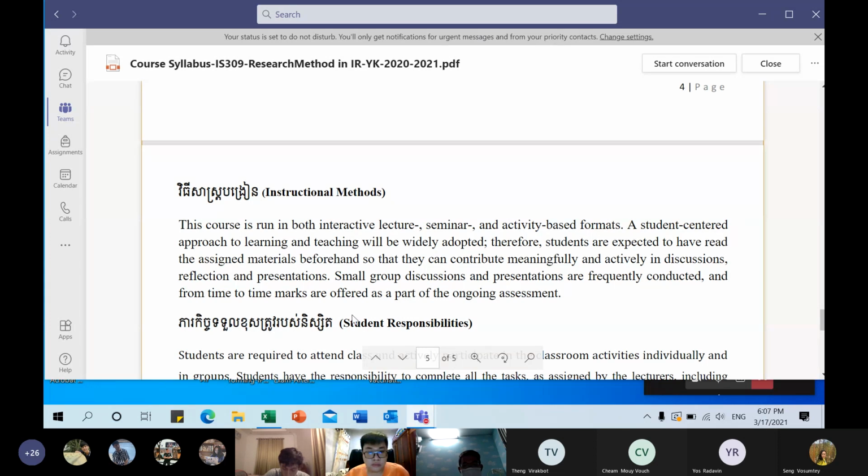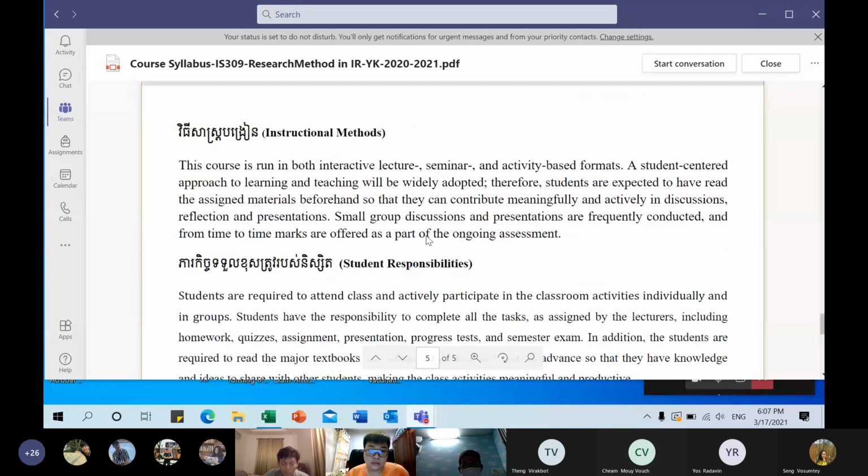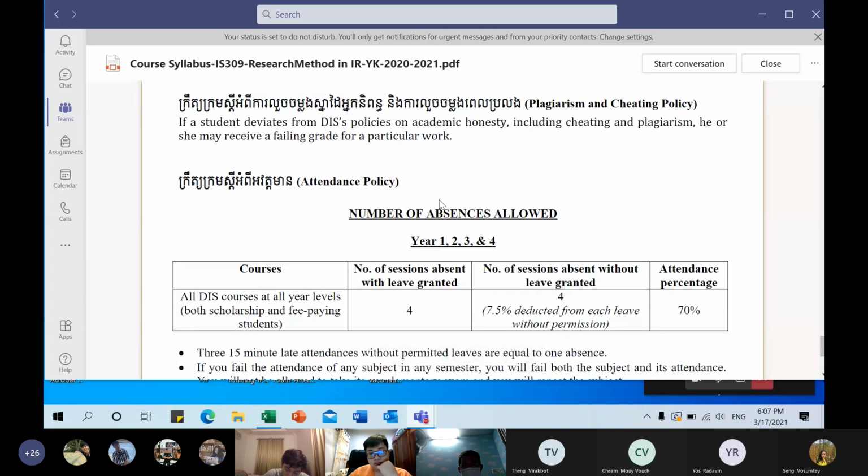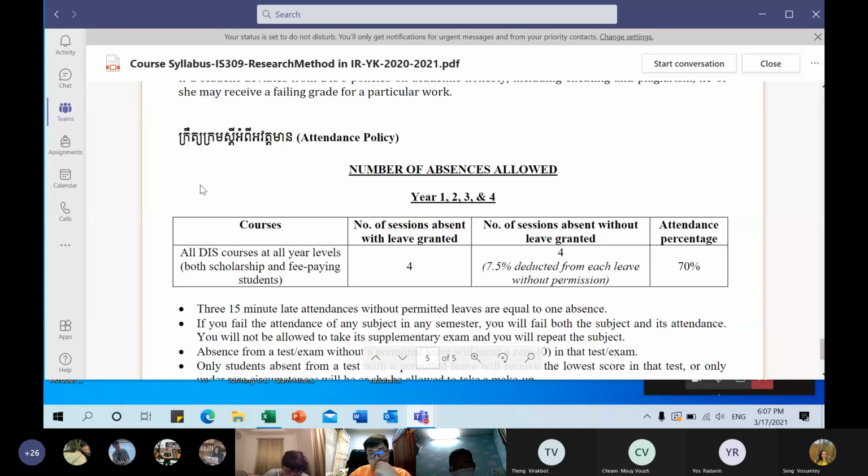Instructional method, student responsibility. In your free time, you can read. Plagiarism and cheating policy and attendance policy. Yeah, attendance policy may also be important. You have to keep record of your own absence, everyone, since I don't have time to scrutinize each individual student's absence record. So you have to take care of your own absence.